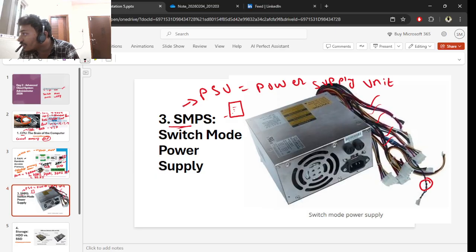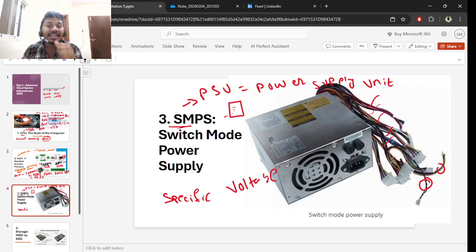These small wires and big wires. Each color carries a specific voltage. It's required to run the various components on your motherboard.